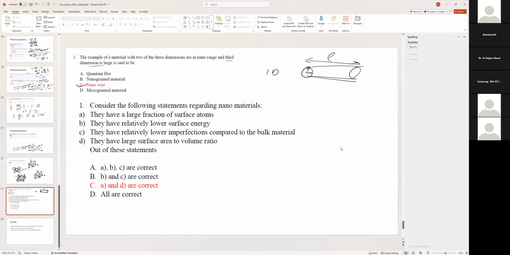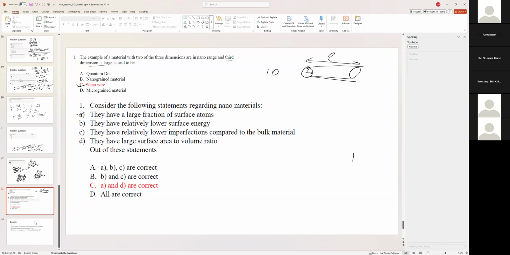Consider the following statements for nanomaterials. They have a very large fraction of surface atoms. This is true. In the first session, we calculated the fraction of atoms sitting on the surface. As we go down to nanometer scale, that fraction increases.